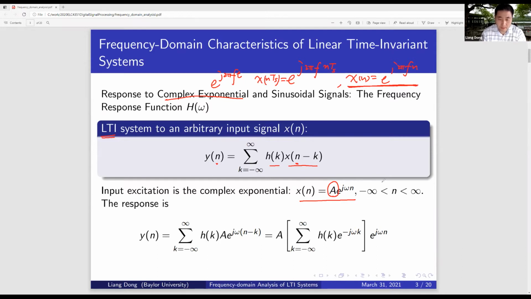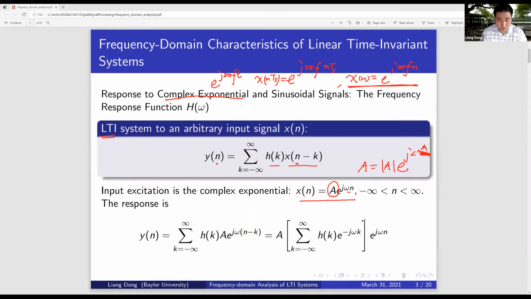If a is a complex number, it simply means that I not only have this amplitude, I also have a phase term, e to the power j times the angle of a. The angle of a is a constant, just the phase, so you can add this phase as an initial phase onto the a term here.